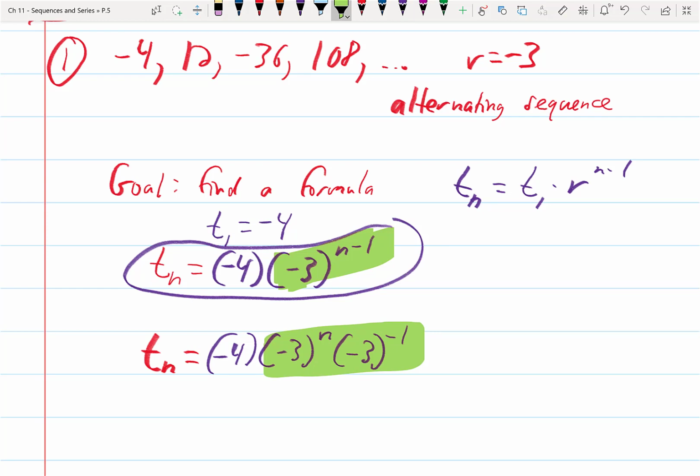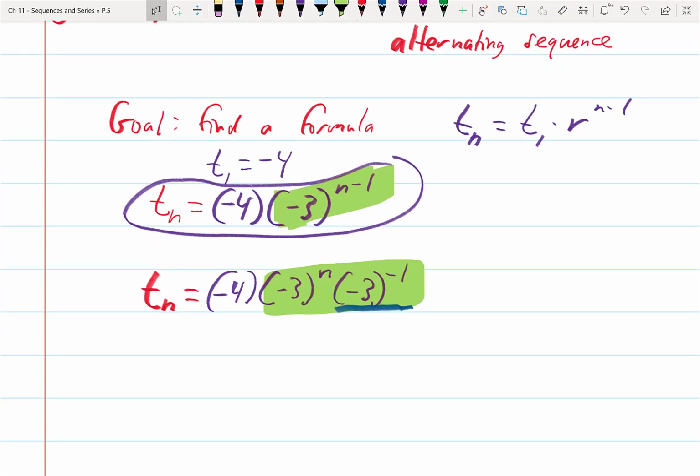If I were to go backwards, I would be using the property that when we multiply the same base, we add the exponents. I'm just going a different direction now. The reason I'm doing that is because now my exponent is just n. And what is -3 to the -1? -1/3. And if I bring that together with the -4, I have -4 times -1/3.